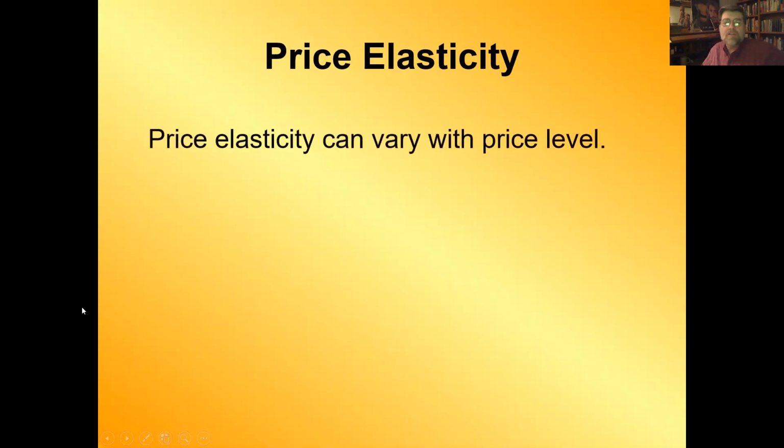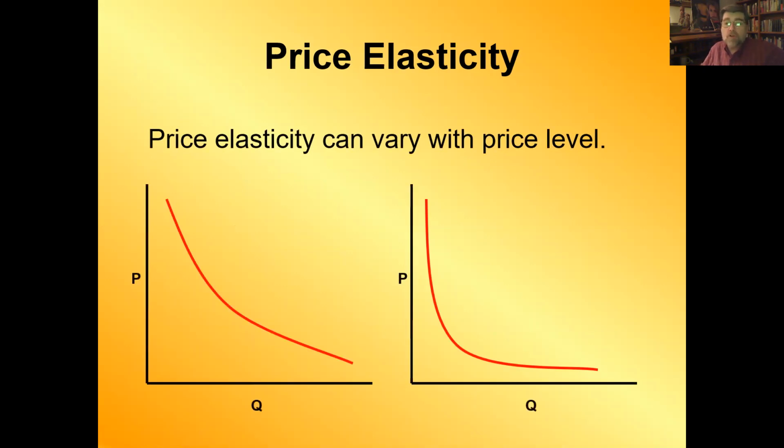But the price elasticity can vary with the price level. It is not always a straight line. Sometimes it's a curved line, and that's why we call it the demand curve. At a certain point, prices may go so high that it no longer affects the quantity. An example from, I would say, over 10 years ago: the price of gasoline was going up, and it was fairly inelastic because people still had to drive to work, people still had to get places, and the price was going up and up.